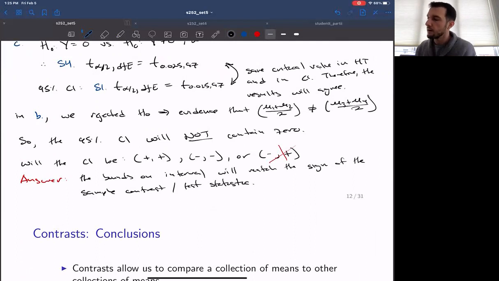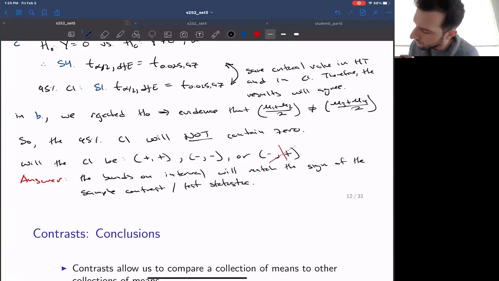Okay, so for part C, the first thing that we do is identify whether or not it will contain 0. If it contains 0, you're going to have a negative bound and a positive bound. If it does not contain 0, then the signs of the bounds on the interval will match the sign of the test statistic / the sample contrast.